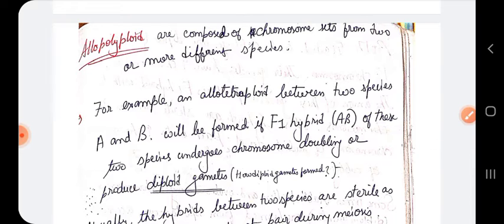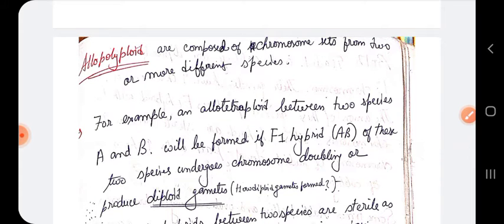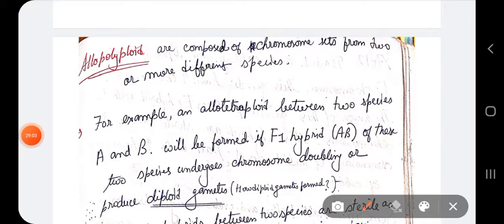Now comes the allopolyploid. Allopolyploids are composed of chromosome sets from 2 or more different species. So allopolyploids are actually hybridized from 2 or more different species, which we combine to form allopolyploids.